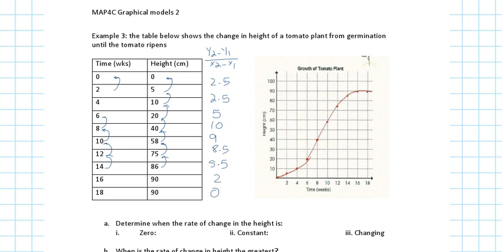So you see that I have a constant increase at the beginning, then it increases faster and faster, and then I have a plateau. When it gets to the full plant, it's going to plateau and stop increasing. So when is the rate of change in the height 0?